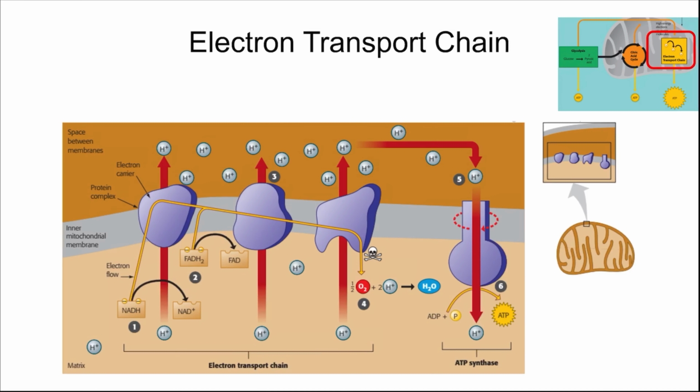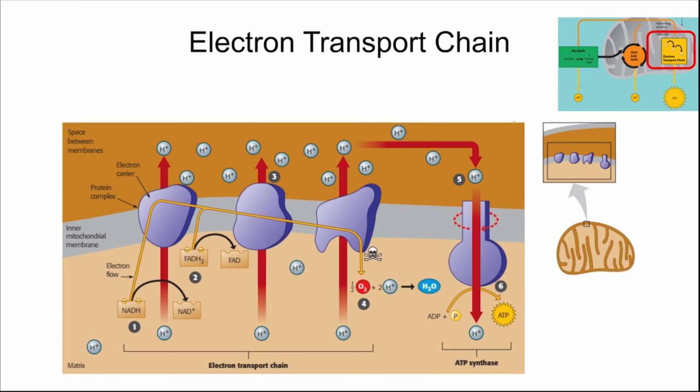This maintains a high concentration of hydrogen ions on one side of the inner mitochondrial membrane. The matrix has a lower concentration of hydrogen ions. Remember that chemical energy wants to move those hydrogen ions from the outside to the inside of the mitochondrial membrane.